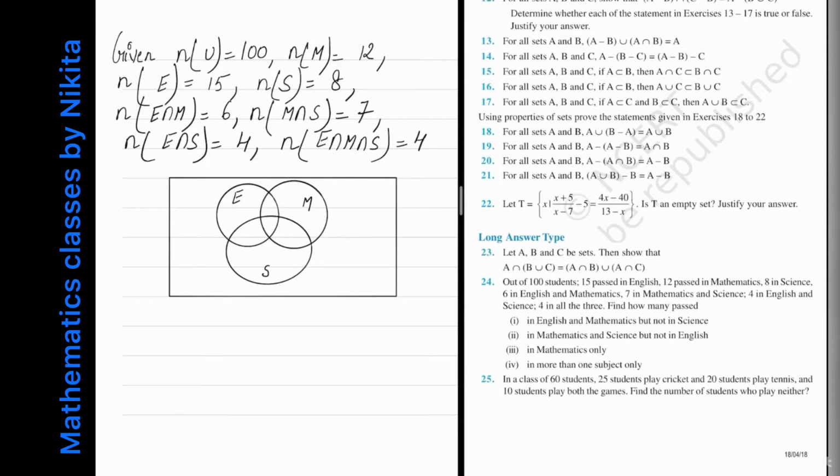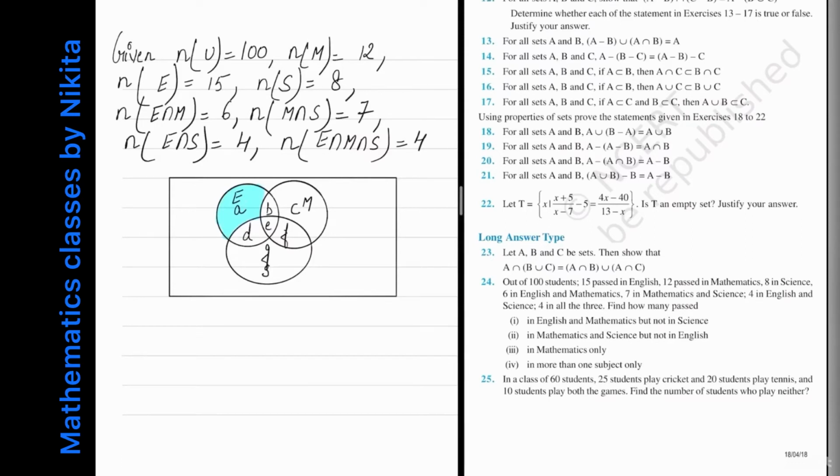Now I'm marking this portion as A. Don't confuse, only this portion is A. So like this I'm marking all the portions. So A, then you have B, then C, then D, then E, then F, and this is your G.